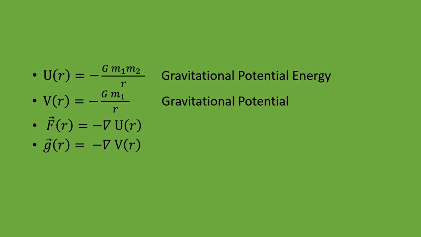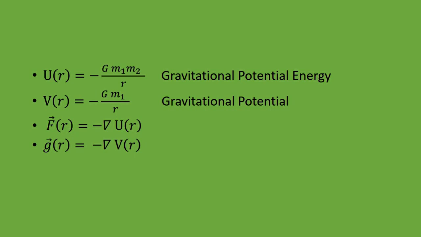The gravitational potential energy between the two masses of the system is defined to be minus G mass 1 mass 2 divided by r, the distance between the two masses. Now note that the gravitational potential energy is negative, and the minus sign comes from the definition of the potential energy and from taking the reference point to be at infinite distance.